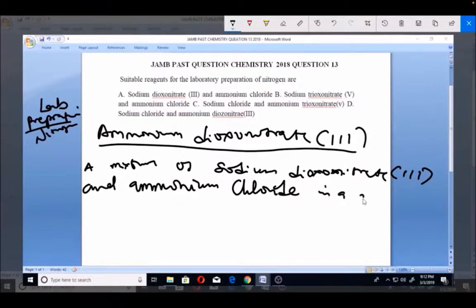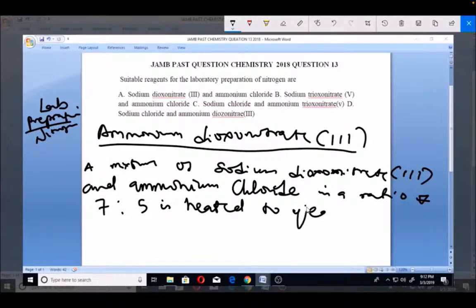And this mixture is done in the ratio of 7 is to 5. And this mixture is heated to yield.